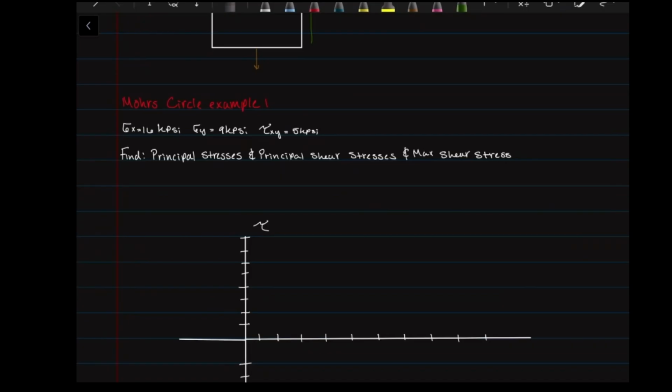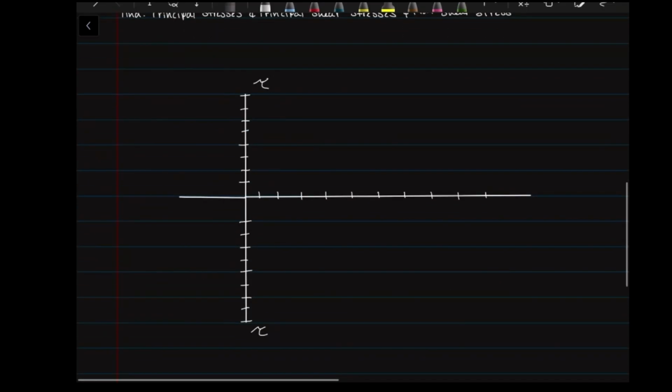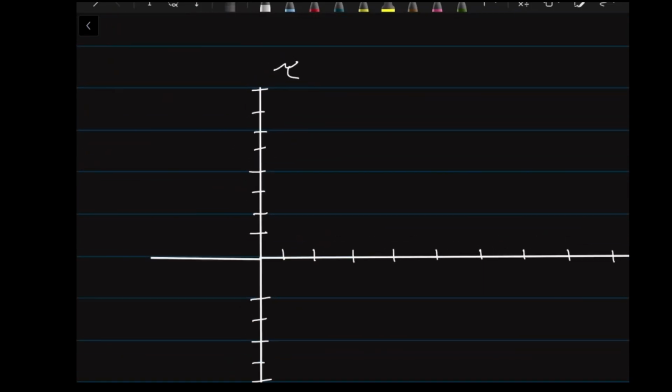Now, there is one thing about the Mohr circle that you should know. It is very easy to understand, but you must make sure you know it. All right, let's do it. The setup of the Mohr circle, we have tau and we have sigma, right? That is easy enough to say as it is. But what could be complicated is that the y-axis is actually the negative tau axis.